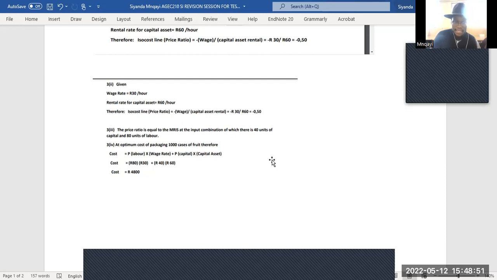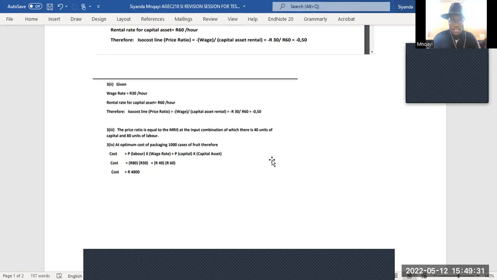So then you take your 80 multiplied by 30 rands plus 40 multiplied by 60 rands. Others could say it's simply units, so I don't need to put R. Still the same case. You may simply say R30 multiplied by 80 units, which changes to rands, or you say since that is 40 units, let me say just 40 times 60 rands, and it's still going to be in rands.